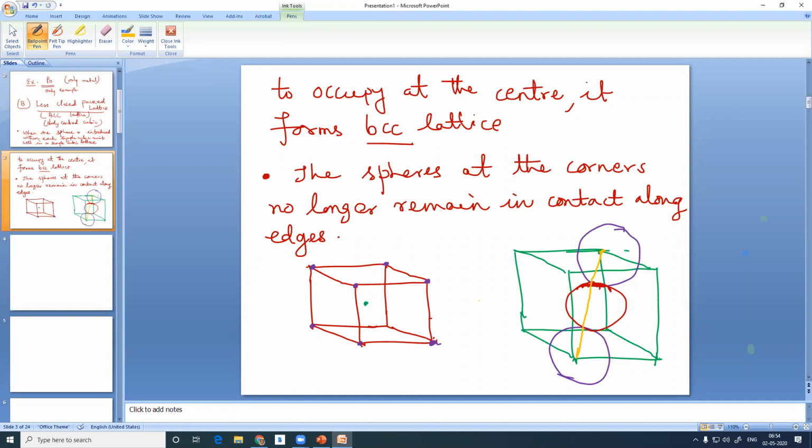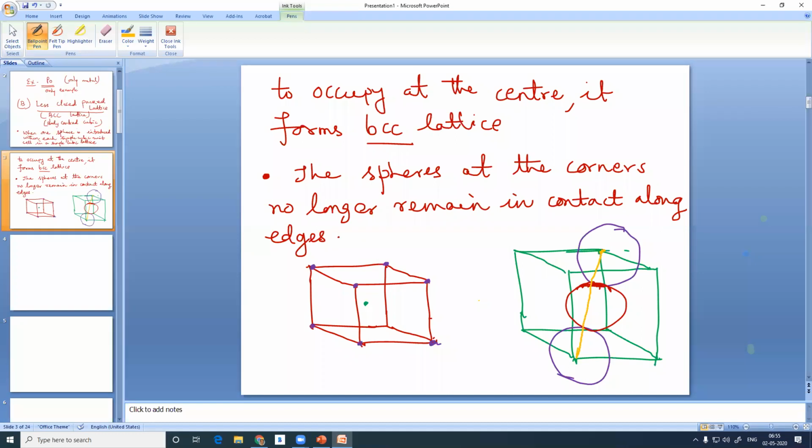But of the corners, I have picked only 2, not the other 6. If I did, it would look so clumsy that you would fly away from me. So you imagine all are close packed.